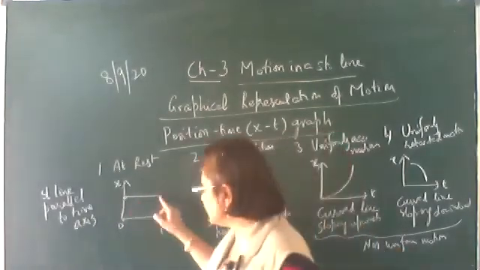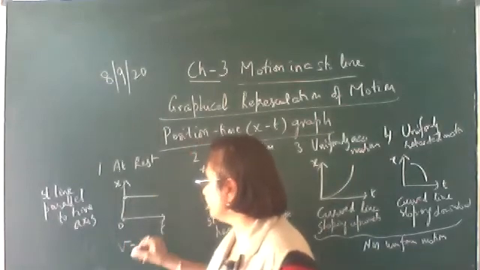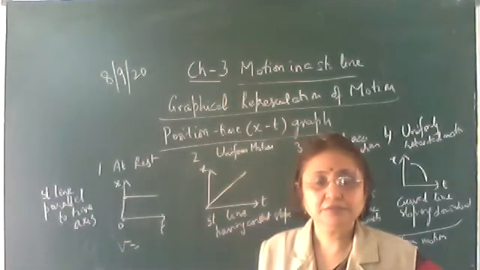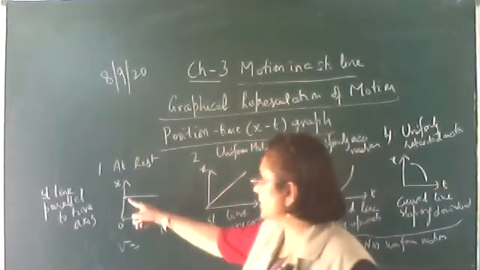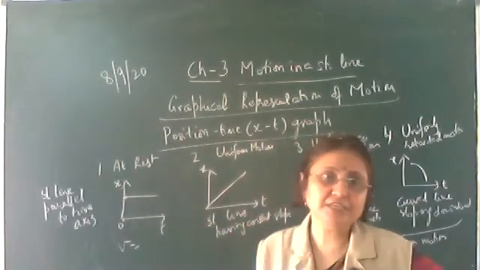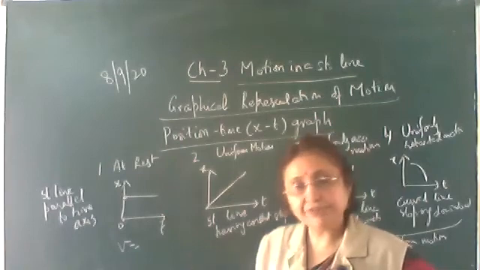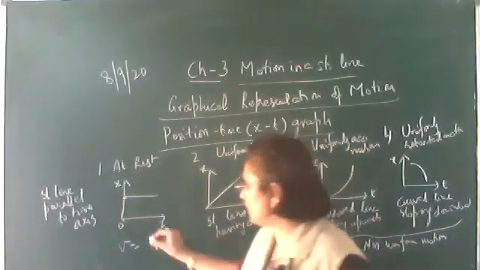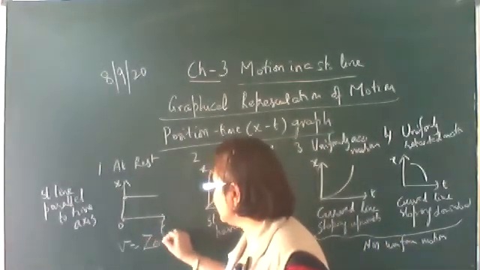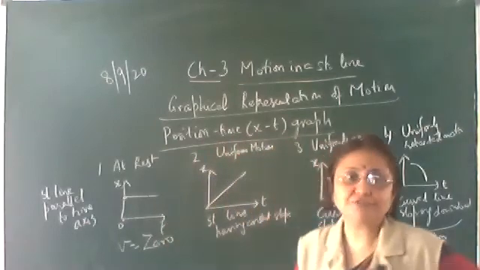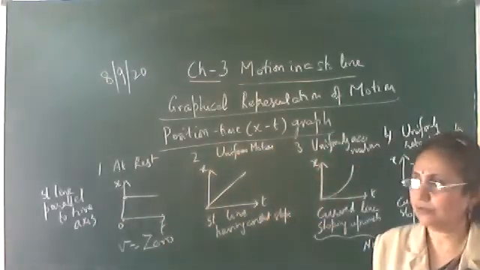Now does this line have any slope? Here we see that the line doesn't have any slope and velocity is determined by the slope of the line. So as it doesn't have any slope, its velocity is 0.